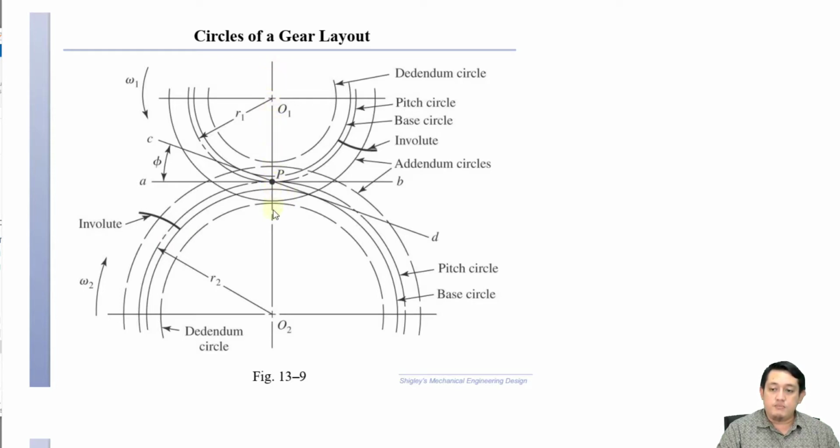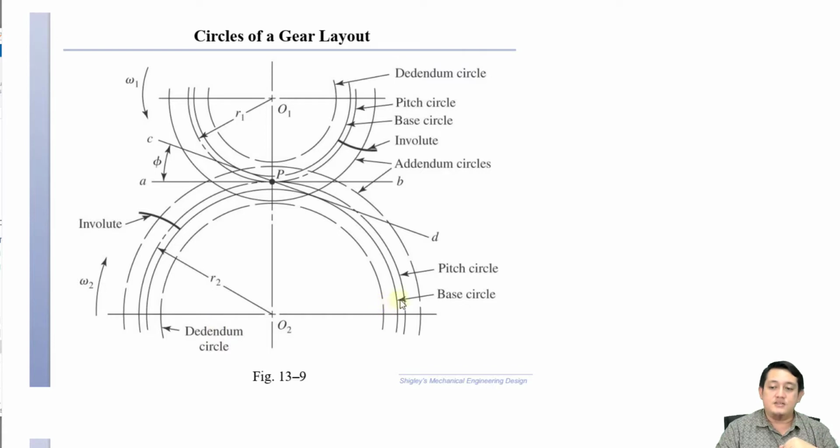The pitch point is the intersection point of the line from the center of gear 1 to gear 2. If you look closely, the base circle is slightly smaller than the pitch circle. It's not equal to the pitch circle, it's slightly smaller, and it is slightly bigger than the dedendum circle.